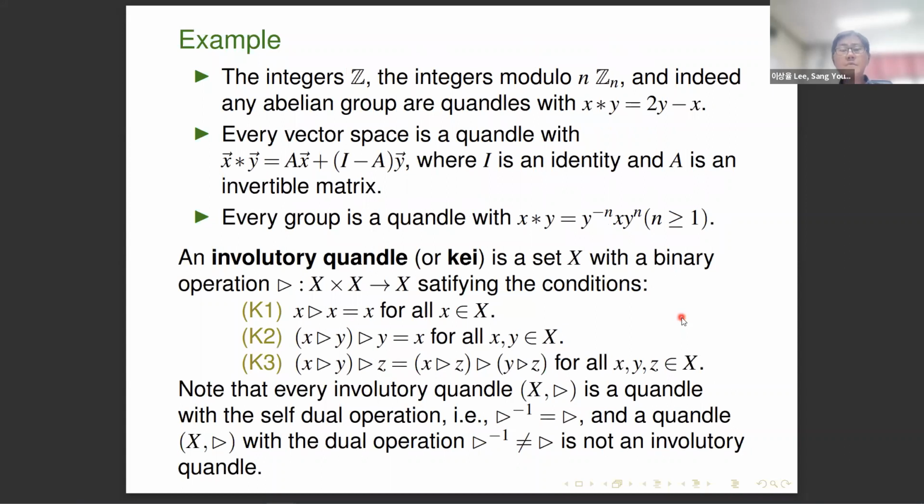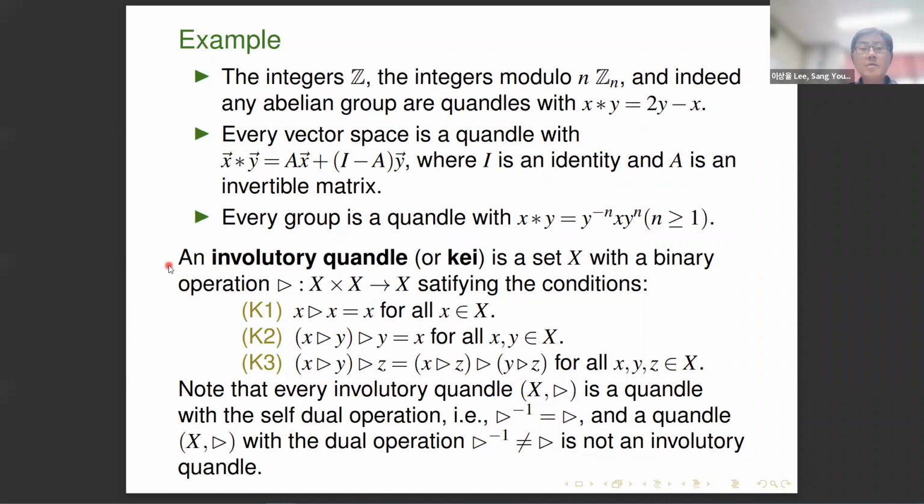There are many examples of quandles, as you know: the integers, and the integers modulo n, Zn. Any abelian group is a quandle with these binary operations, every vector space is a quandle with this operation, and every group is also a quandle with these operations.